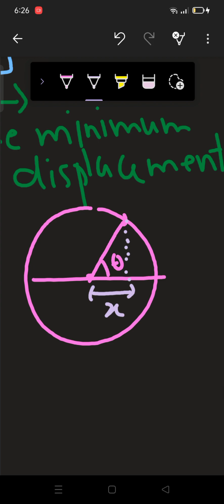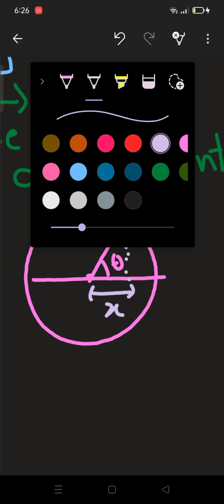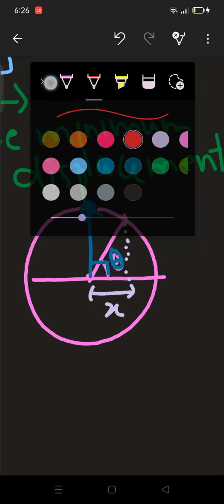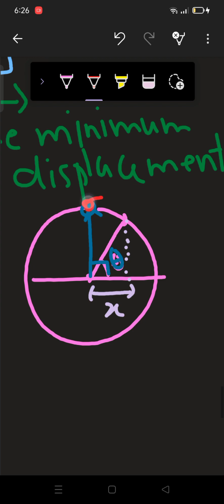So I take this line straight, and make this theta equal to 90 degrees. Now the particle is here, and this is straight, on the center point, which means zero displacement.